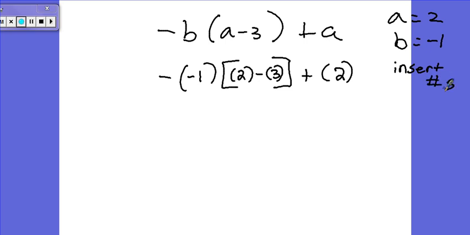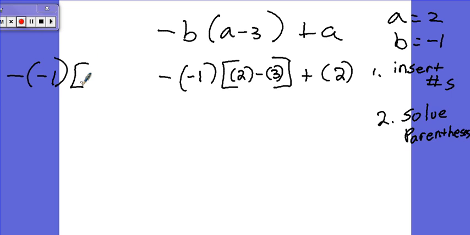My second step, now you can do this two different ways. Your second step could be to solve the parentheses or to distribute, doesn't matter either way. I'm going to rewrite this problem twice so at least you can see it. I'm just trying to show that there's two different ways to do it.